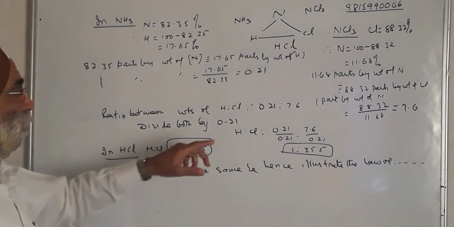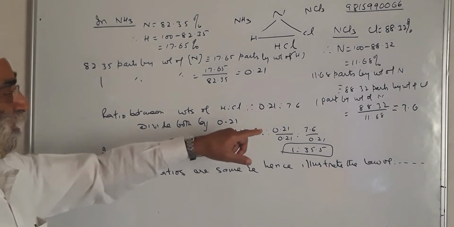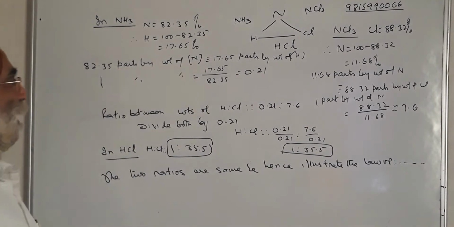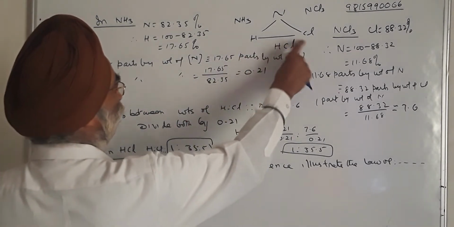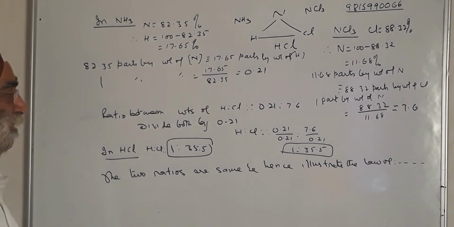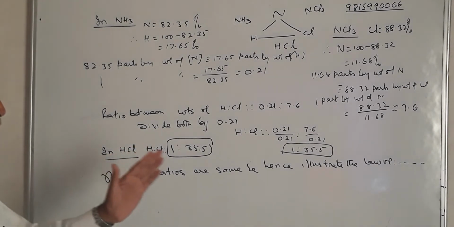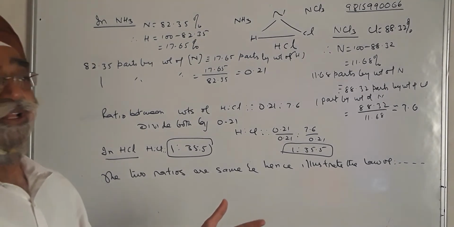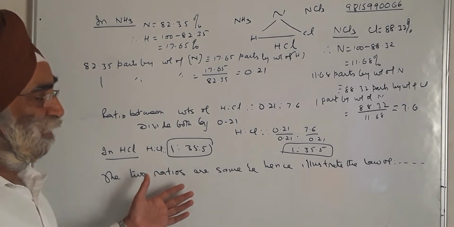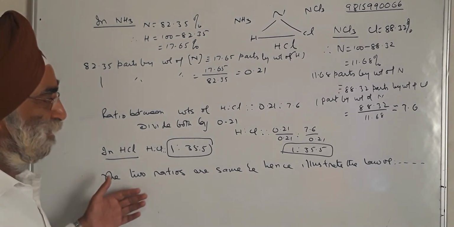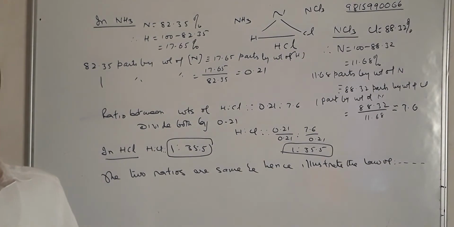Ratio 0.21 is to 7.6 is 1 is to 35.5. Directly also, the ratio between weights of H and Cl is 1 is to 35.5. These ratios are the same, could have been a simple whole number ratio, but being the same also serves our purpose. So it is the illustration of the law of reciprocal proportions.